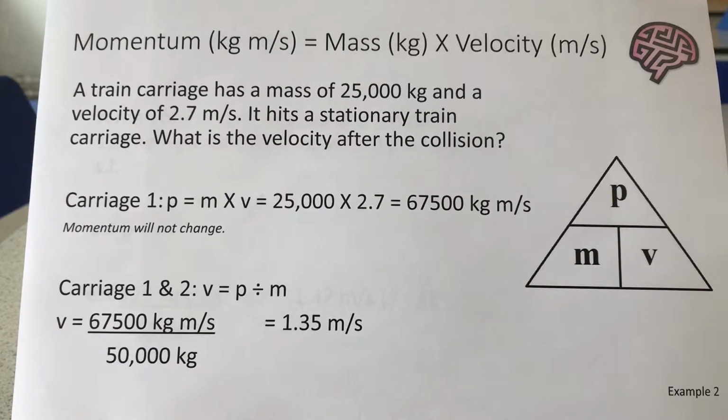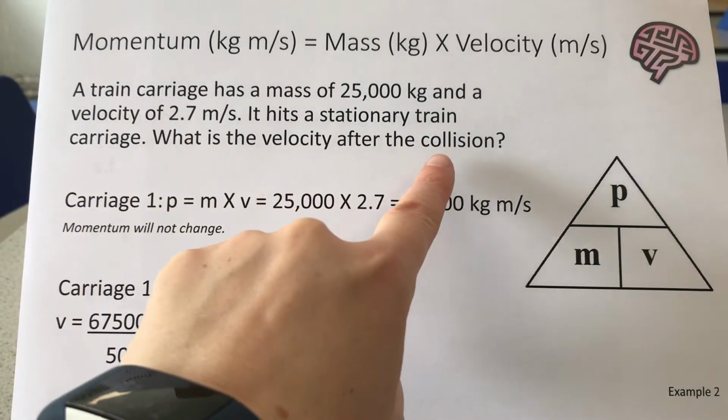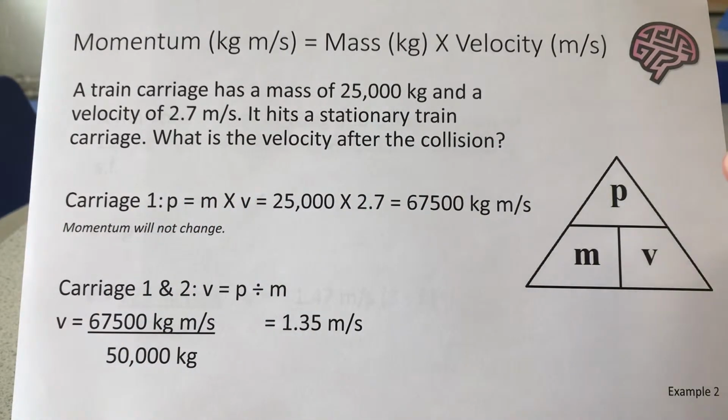Momentum is conserved. Okay, so when carriage 1 locks onto carriage 2, this could be at the train station because it's not going particularly fast at all, and it's locking on to make the train longer, we've got the same momentum. So we want to find out the new velocity after the collision. So velocity is momentum divided by mass.